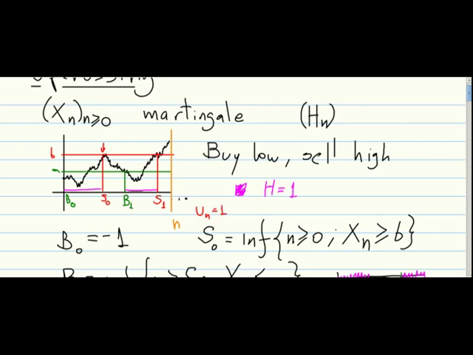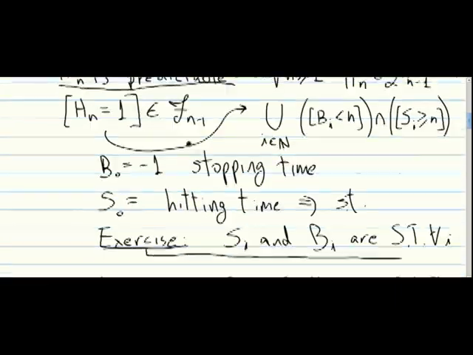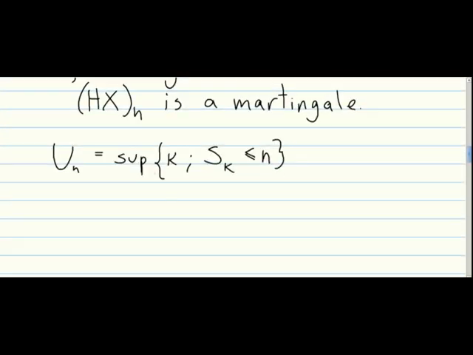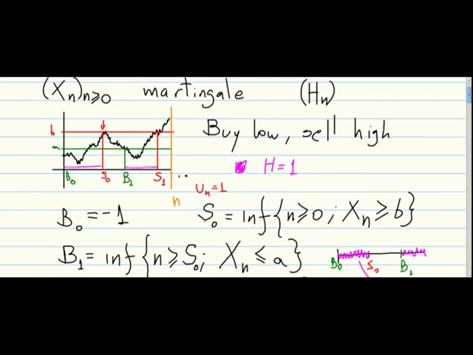It's the maximum Si which is smaller than n. Let's go back to the definition here. It's the supremum in k such that Sk is smaller or equal to n. And the intuition behind the definition is the number of times that we crossed from A to B up here and here. See?